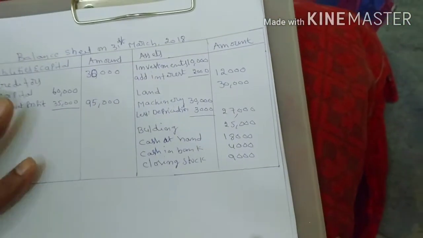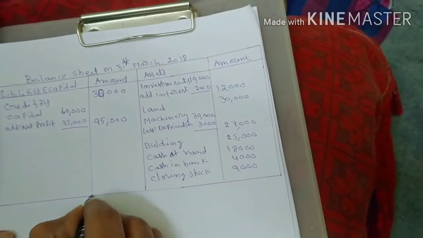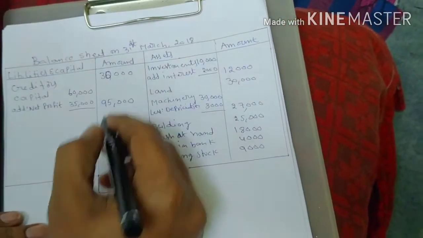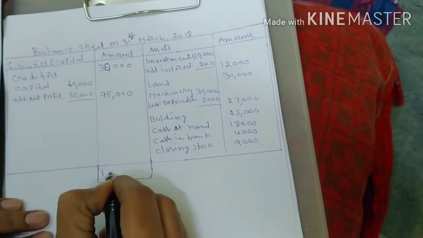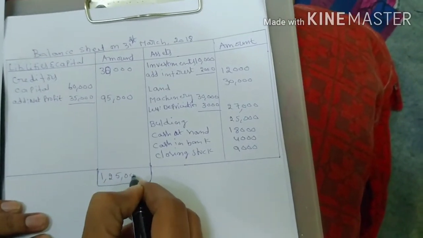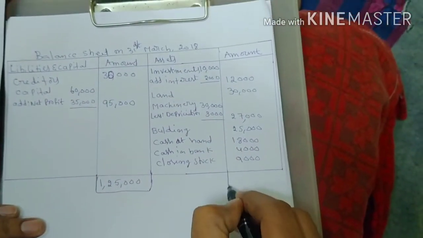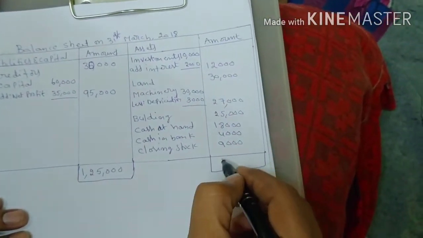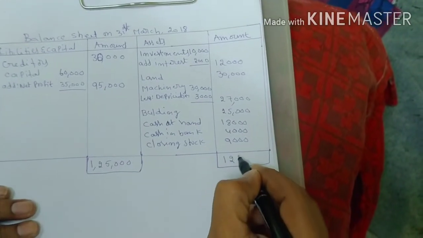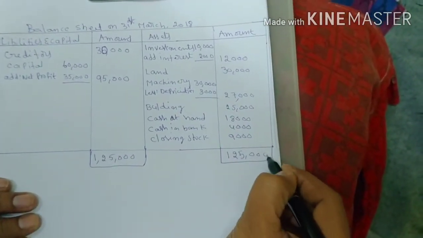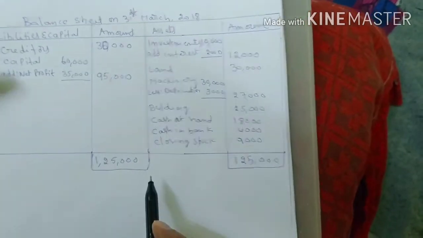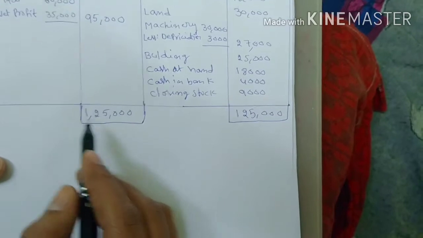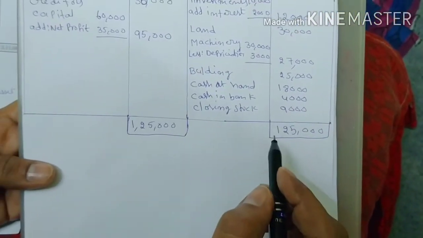So here we should have the totals. So total is 1,25,000 rupees. Likewise, here also we need to calculate the total. That is also 1,25,000 rupees. Whenever both these totals are equal, assets equal to liabilities, then only our problem is correct.